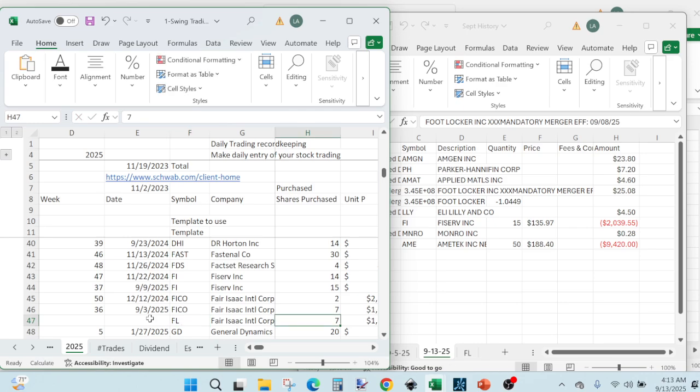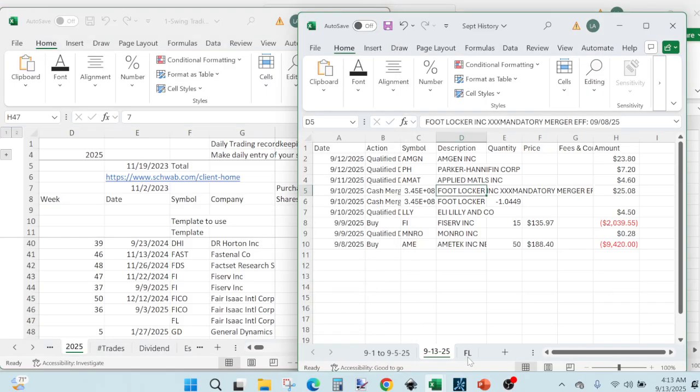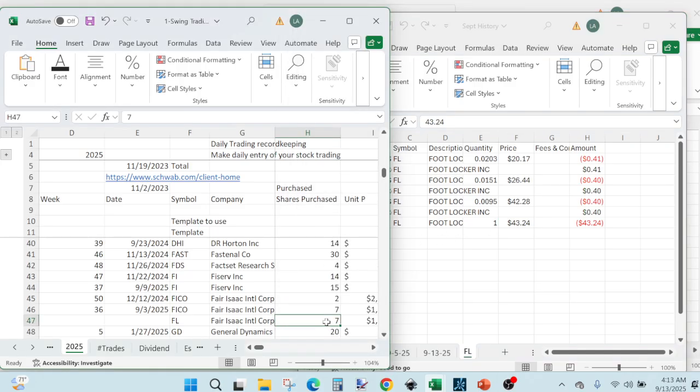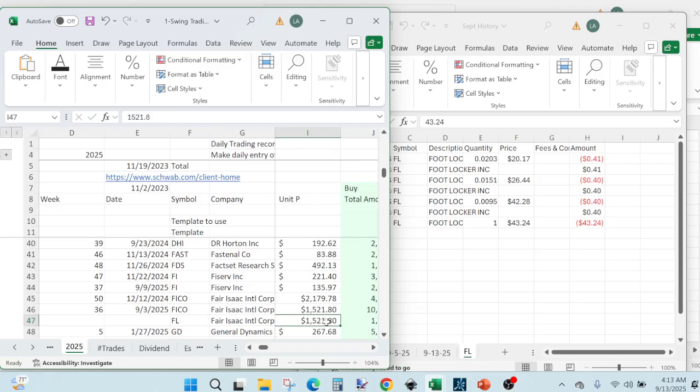I pulled the data for this particular one to see how long we have had it in the account. We purchased it in 2023, one share for $43.24.